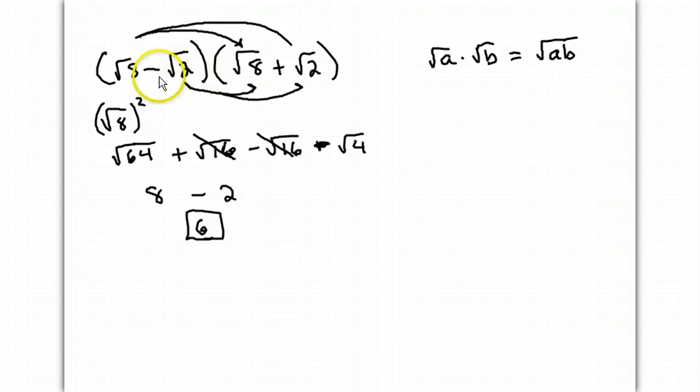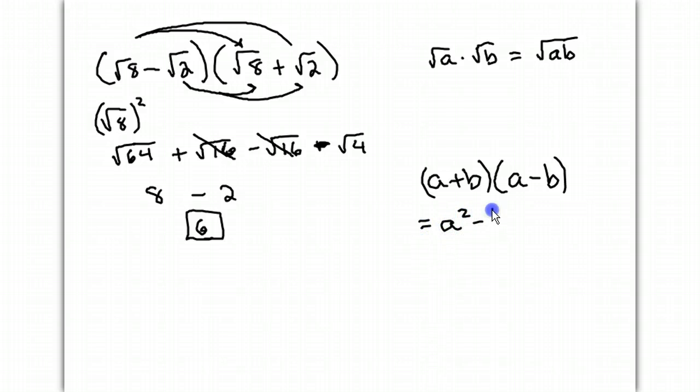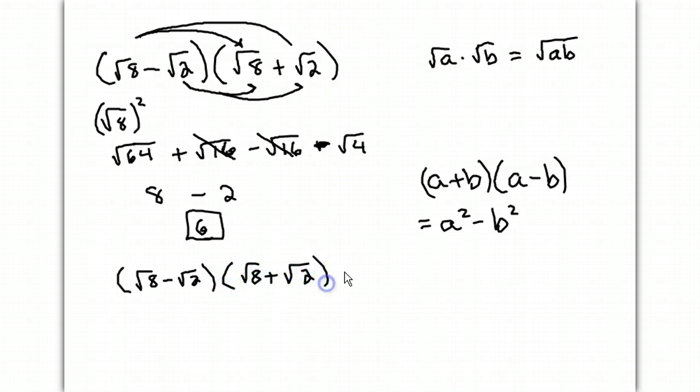So if you look at this, this looks a lot like the formula a plus b times a minus b. And that formula is called the difference of squares. So you have a squared minus b squared. So when you look at the problem again, square root of 8 minus square root of 2 times square root of 8 plus square root of 2, that's almost like this formula right here.